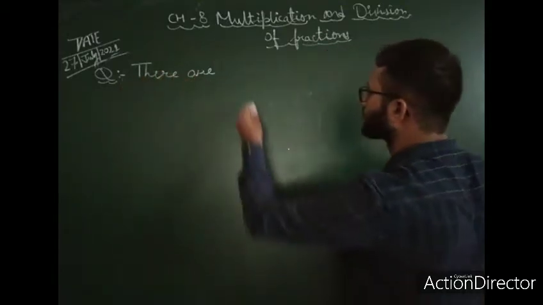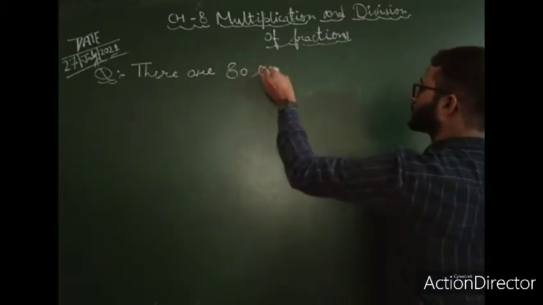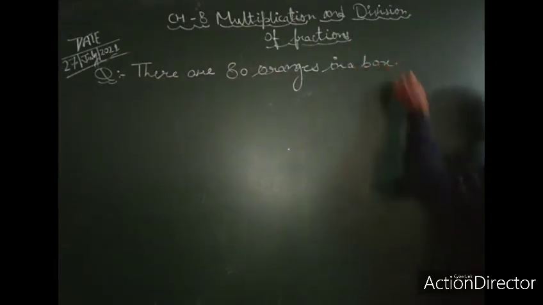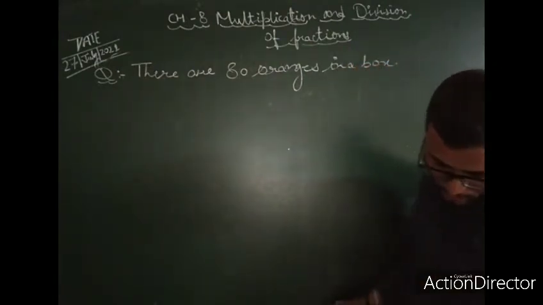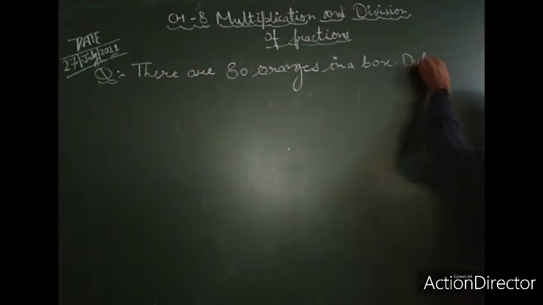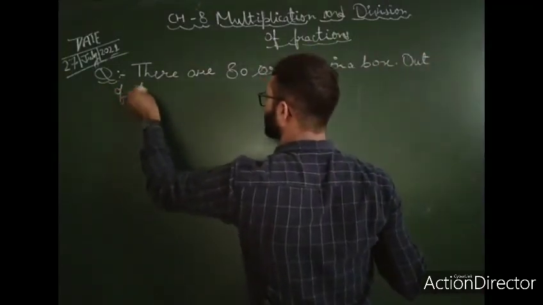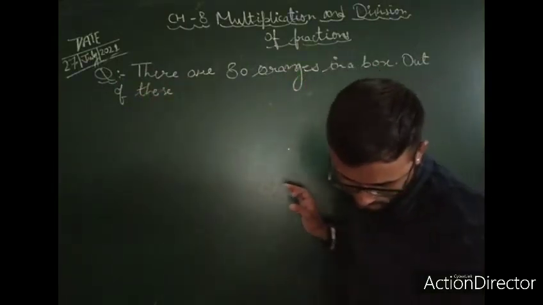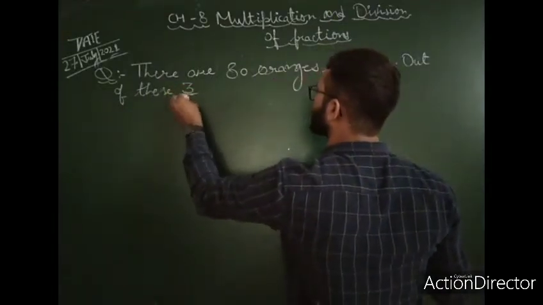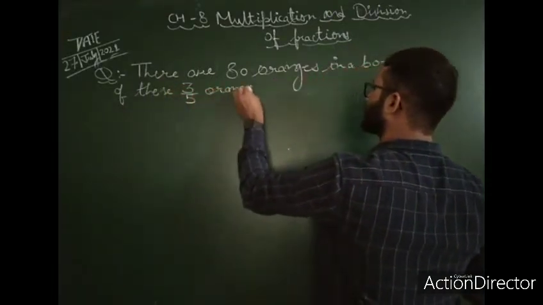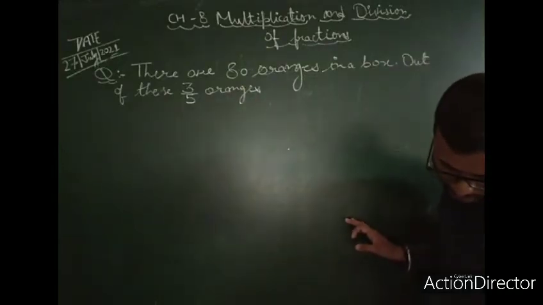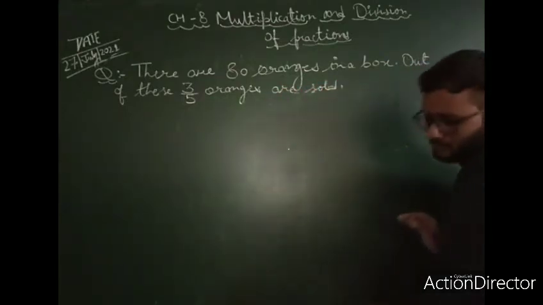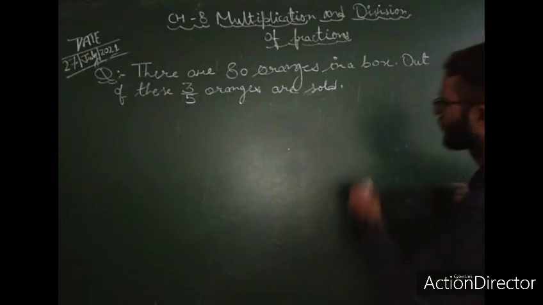The question is, there are 80 oranges in a box. Out of these, 3 upon 5 oranges are sold.